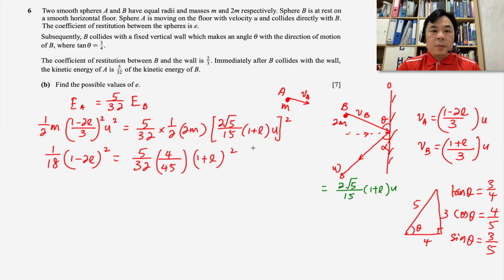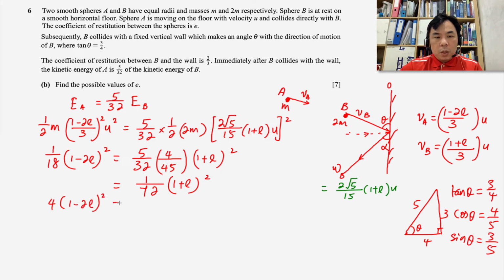I hope that's clear, right? So from here we're going to further simplify this. This part will be 1 over 72, 1 plus e squared. And then we can simplify all this. We will have 4 times (1 minus 2e) squared is equal to (1 plus e) squared here.